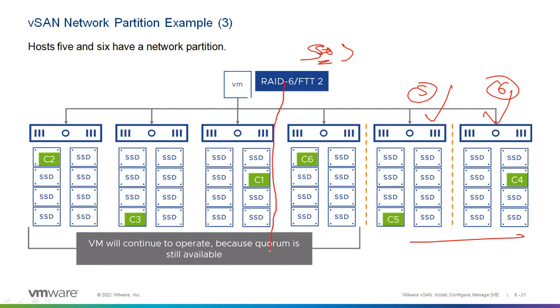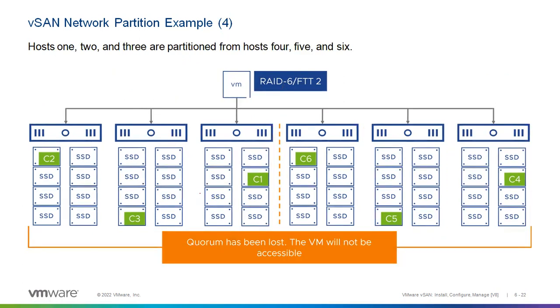But if 3 go, then the VMs hosting data on FTT2 RAID 6 are unreachable. Maybe some VMs with data on FTT1 RAID 1 are still okay, but the components following the FTT2 RAID 6 policy will be gone. This is the next situation.